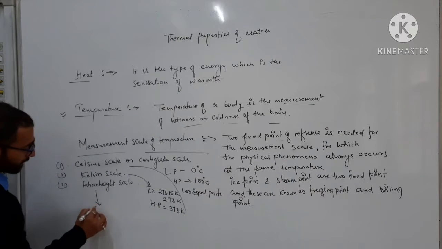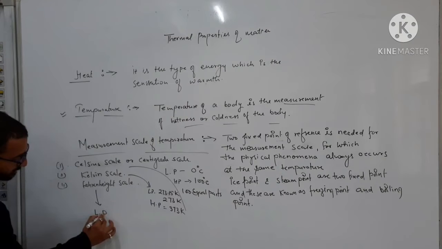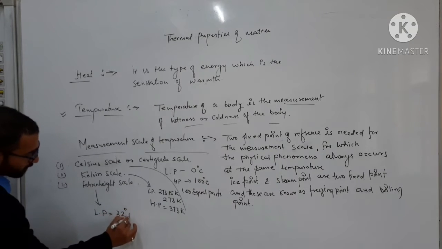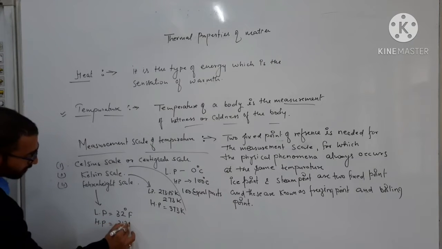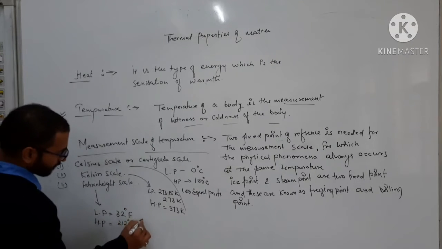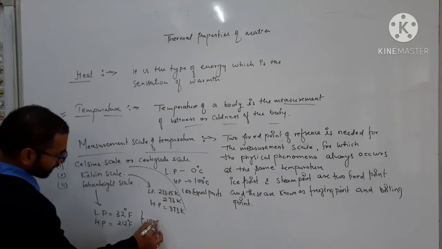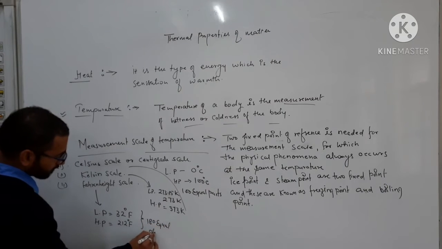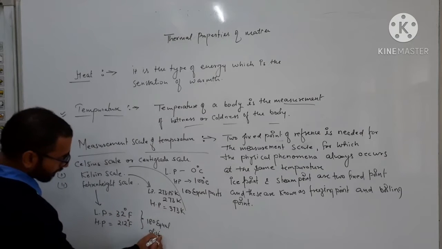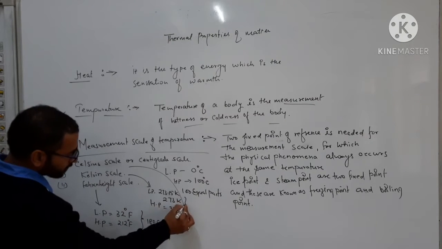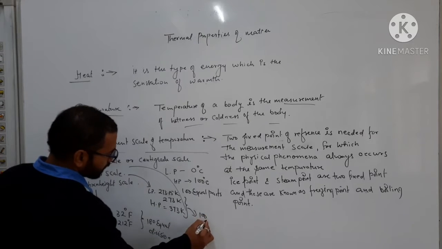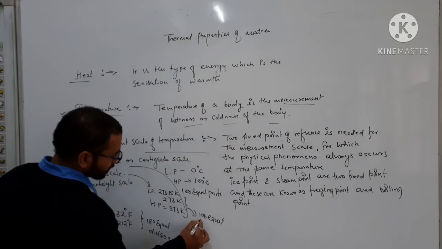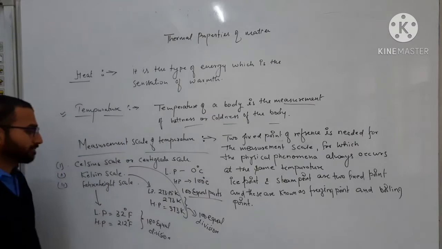For the Fahrenheit scale, the lowest point is 32 degree Fahrenheit and the highest point is 212 degree Fahrenheit, so we have 180 equal divisions between them, whereas the Celsius scale has 100 equal divisions. Point clear?